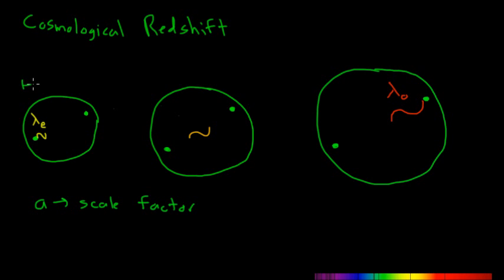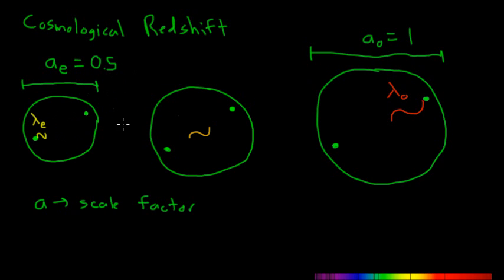So let's say at some early point in our universe, when the light was emitted, we have a scale factor of A_e, the scale factor when the light was emitted. And then finally, when that beam of light was actually observed, we're going to say our scale factor is A_0. So let's say we arbitrarily set this value to 1. So the scale factor of the universe right now is 1. And maybe when the beam of light was emitted, the scale factor was only 0.5.